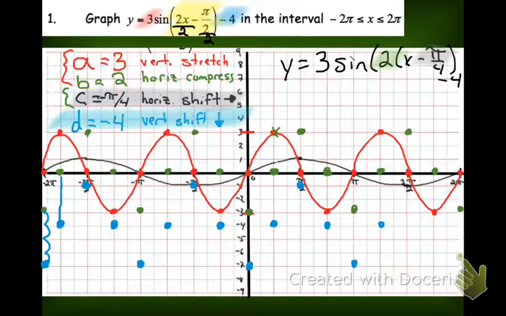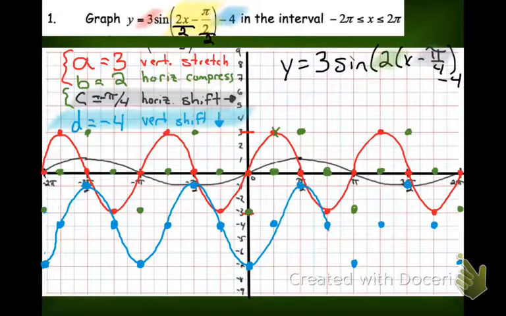So if you go ahead and finish graphing that up, your final curve should look something like this. Actually, let me erase these little marks here. So your final curve should start down at the bottom, curve up, and it should look something like that.